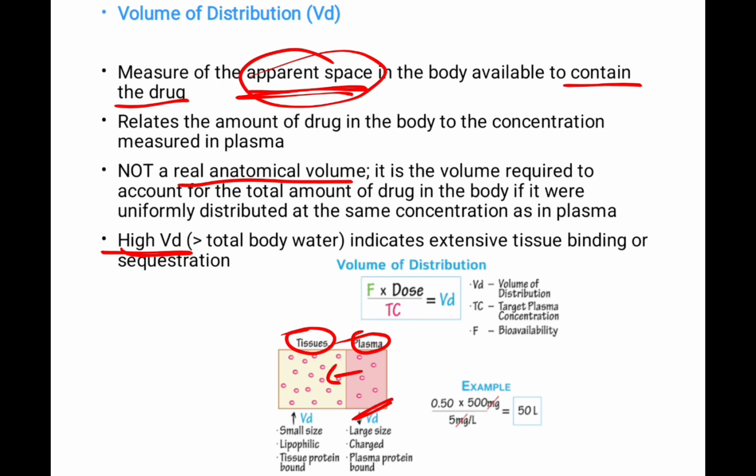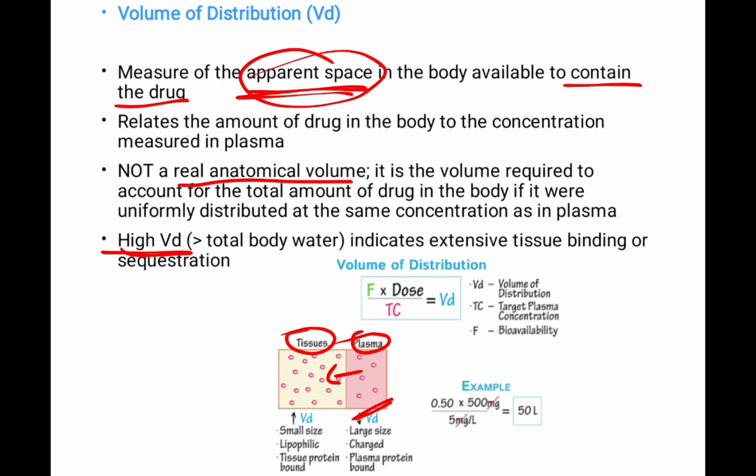So, when a high concentration of this drug moves from the plasma into the tissues, we say that such a drug has a high volume of distribution, which means it is highly distributed into the tissues. When a little amount of this drug moves from the plasma to the tissues, we say such a drug has a low volume of what?